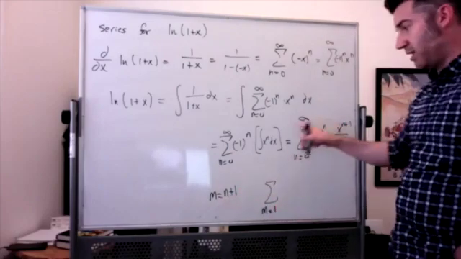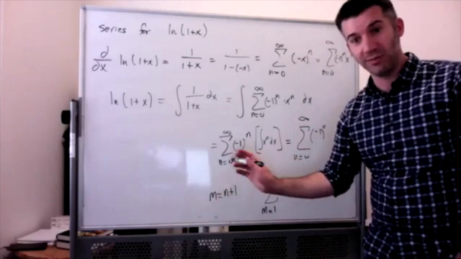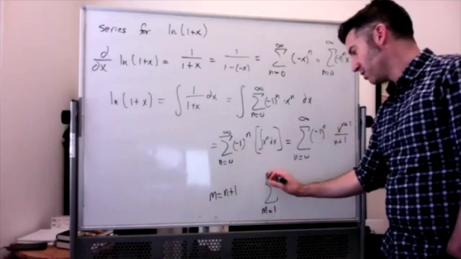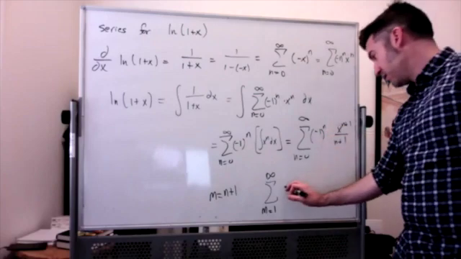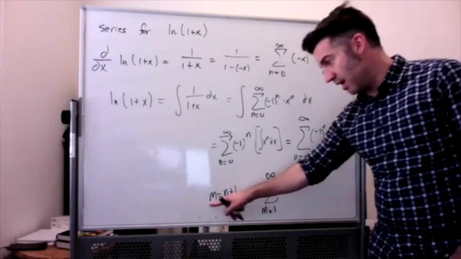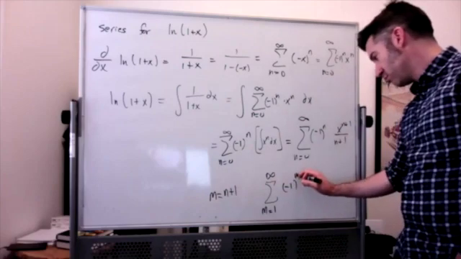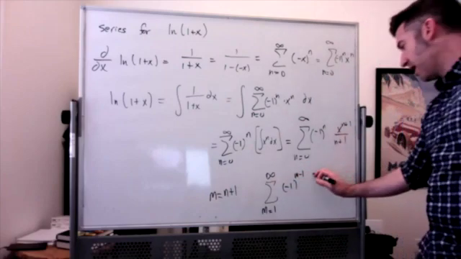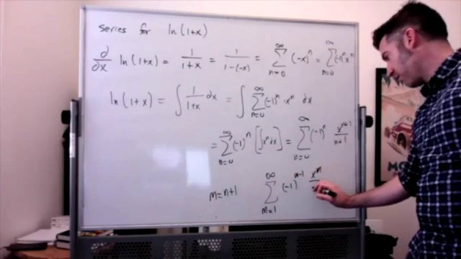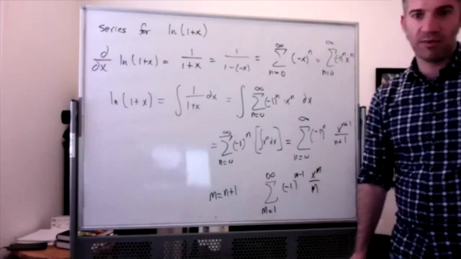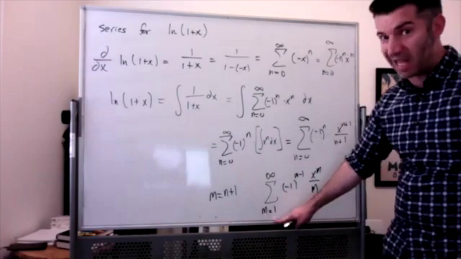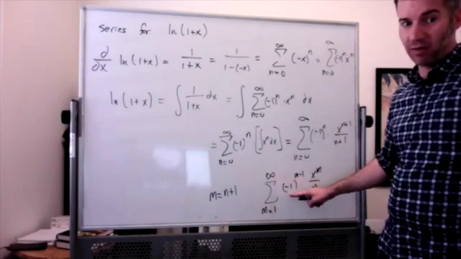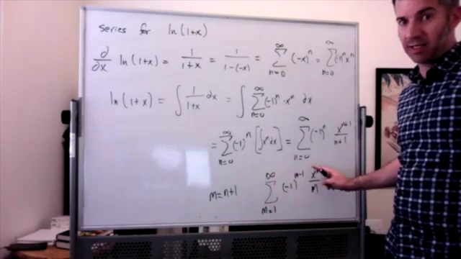If n equals infinity, m is infinity plus 1, which is also infinity, by the way. And then negative 1 to the n is going to become negative 1 to the, well, n is m minus 1, and x to the m over m. People often rewrite it this way. People often actually write it as the sum from n equals 1 to infinity of negative 1 to the n minus 1 times x to the n over n.